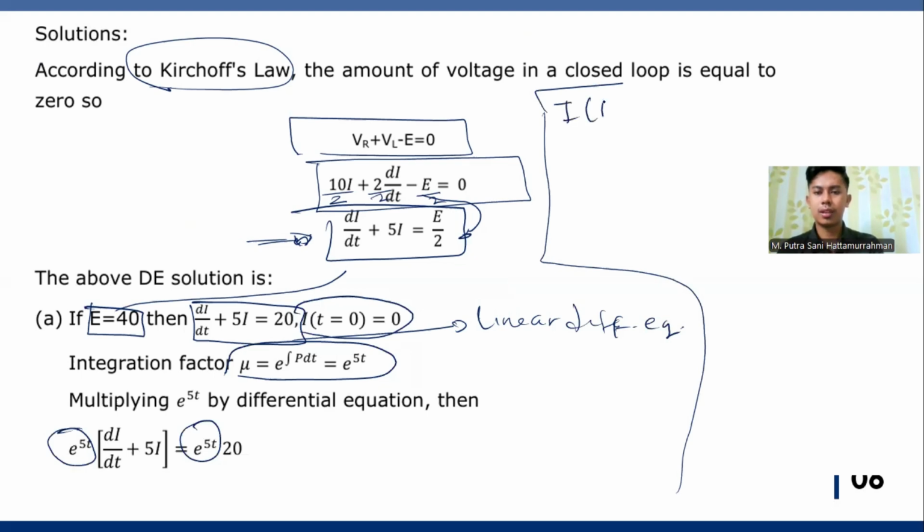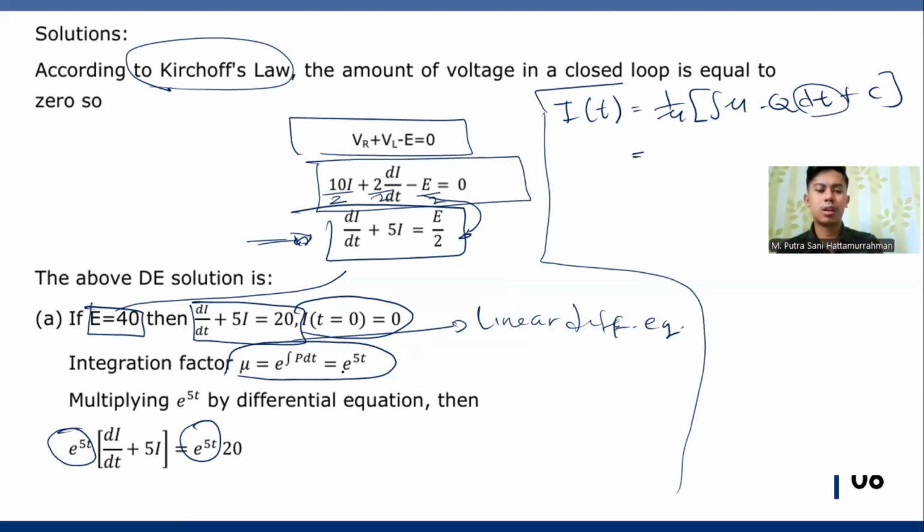We use i equal to 1 over mu multiplied by the integral of mu product q dt plus c. Why dt, not dx? Because for the RL series, it depends on time, so we change to dt, not dx.